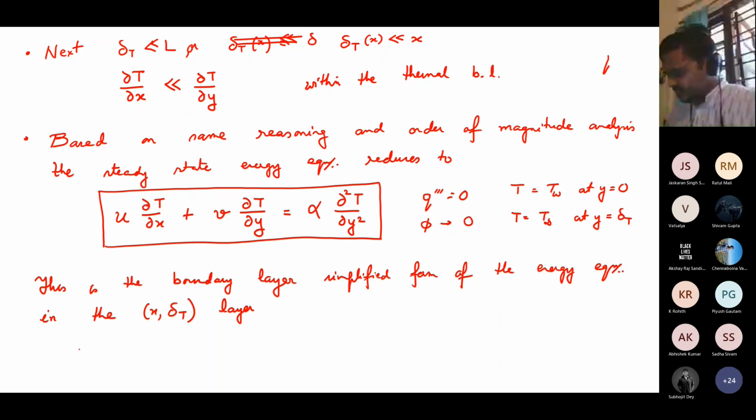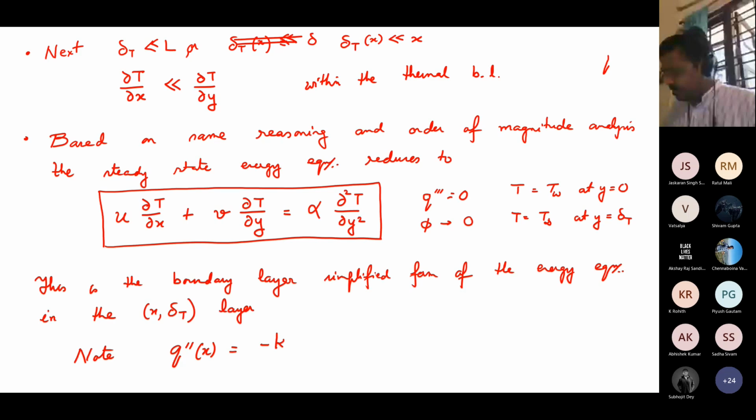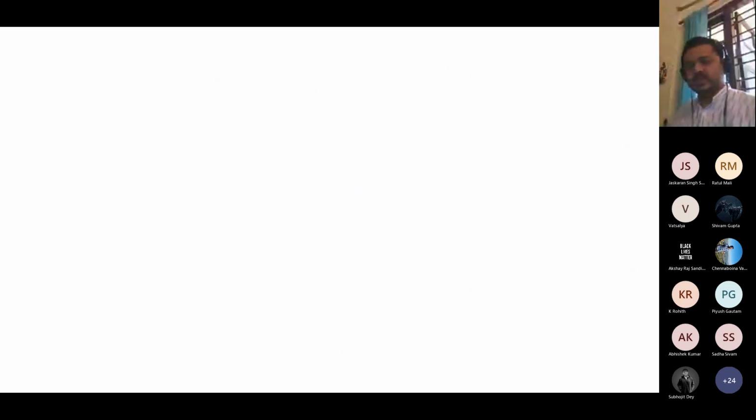Okay. The other thing to note is q double prime at x is going to be minus k del T del y at y equal to 0 plus.